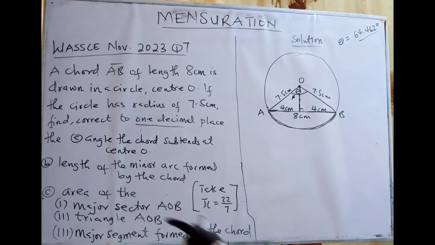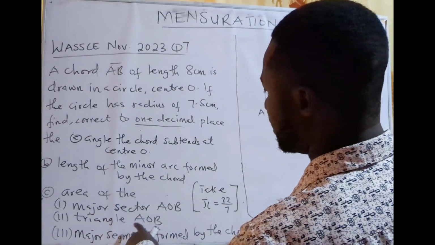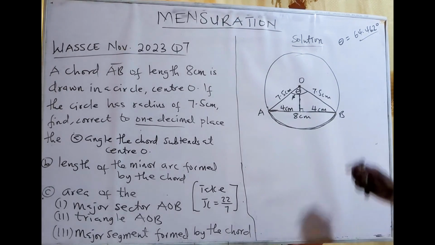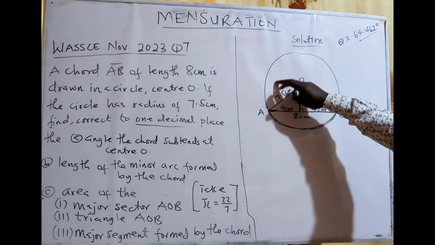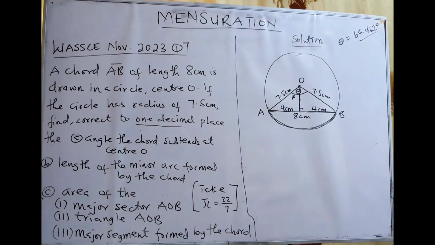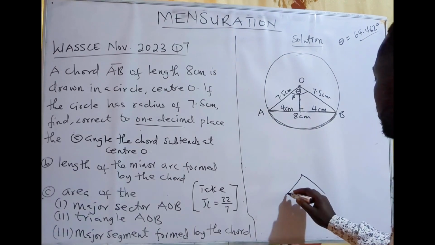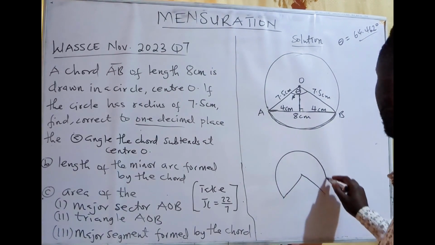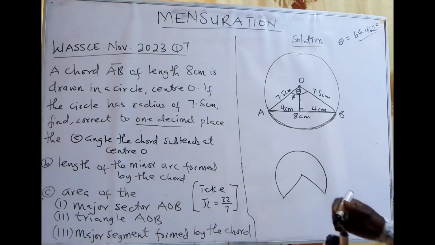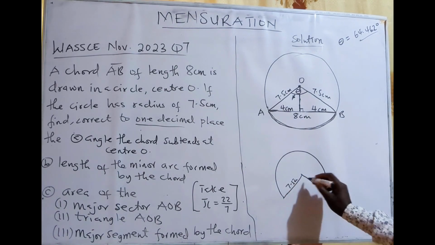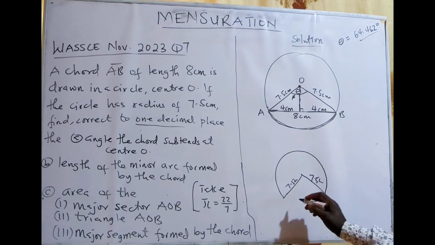C. The area of the major sector AOB. So where is our major sector? Our major sector is here. 7.5 centimeters, 7.5 centimeters.